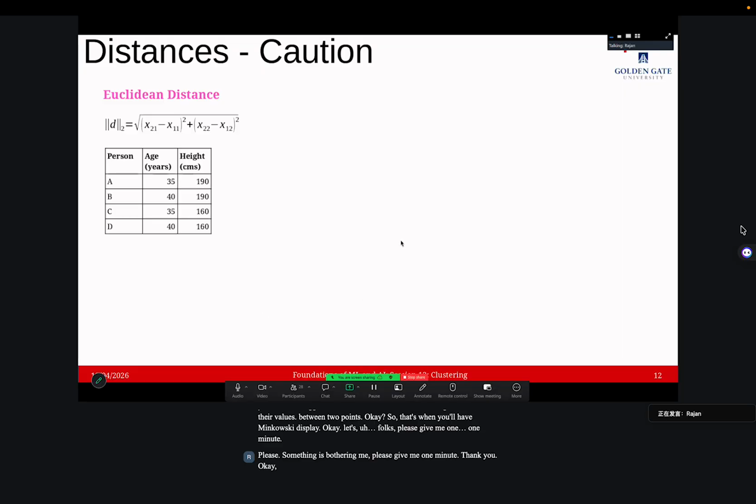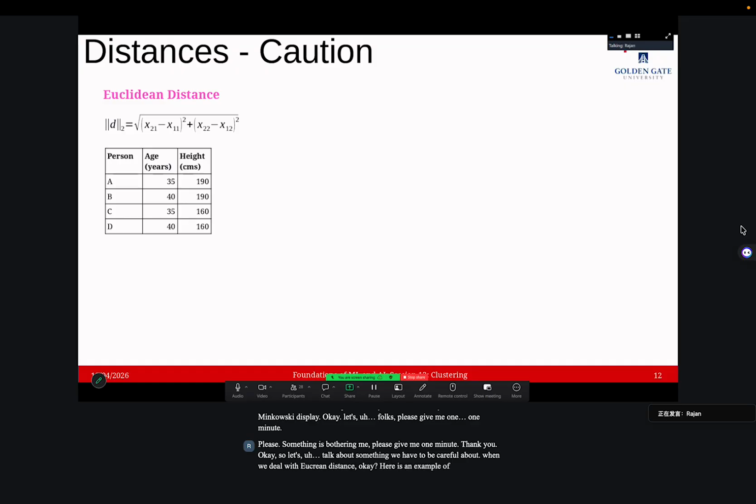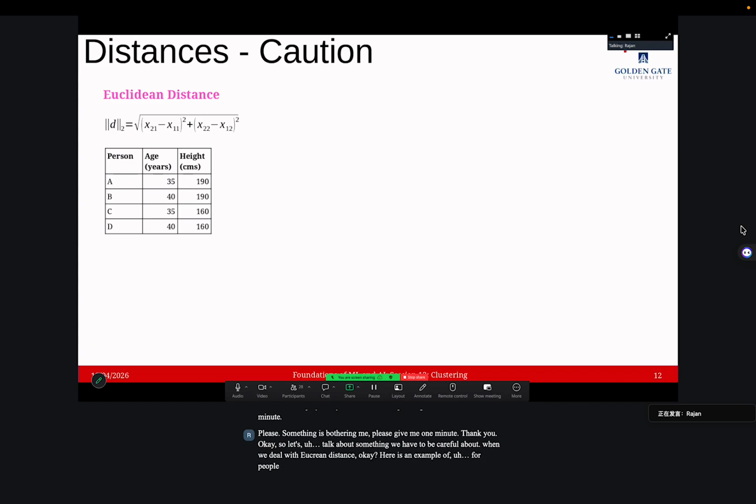Okay, so let's talk about something we have to be careful about when we deal with Euclidean distance. Here is an example of 4 people. We want to see whether any clustering can be formed in this group.